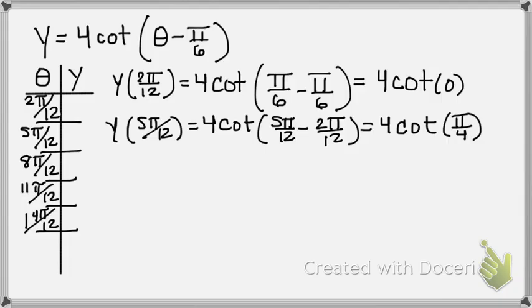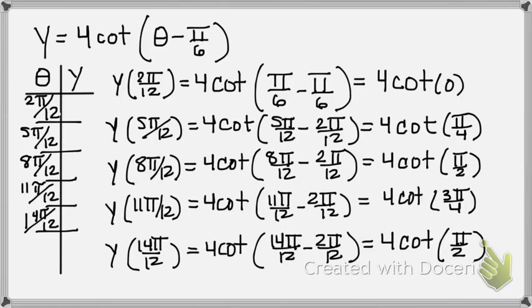Okay? All right, so there's the rest of those. And you can examine those if you need to and see what we did. And there's going to be some work with the fractions here, right? So 8 pi minus 2 pi is 6 pi.